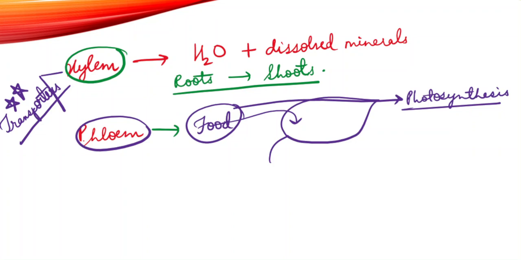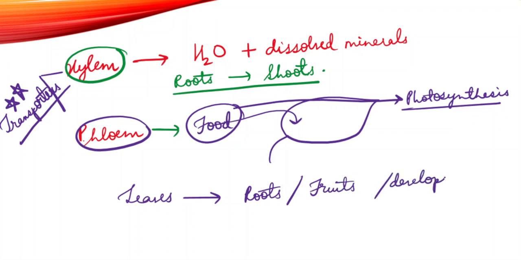So the food will be taken from the leaves to all the parts, like roots, like fruits, or you can say to the developing parts of the plant. So it will carry food. This is what xylem is and what phloem is. You should know their basic function. Understood?